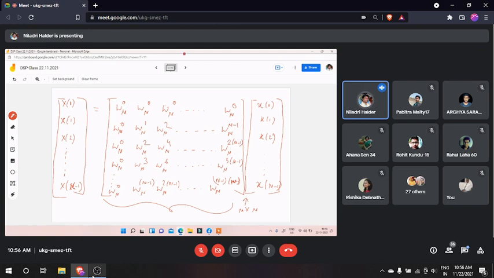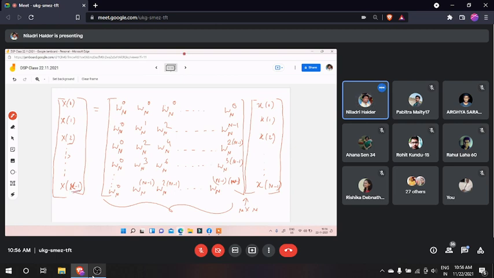WN: first row is to the power 0, second row changing 0, 1, 2, 3, 4, 5, 6, like that. Third row changing 0, 2, 4, means for 2 the jump is 0, 2, 4, like that. For 3, the jump is 0, 3, 6, 9, like that. For 5, the jump is 0, 5, 10, 15, 20, like that.